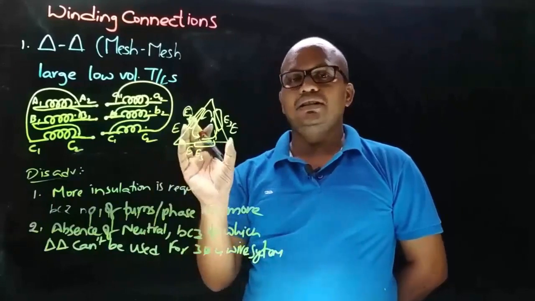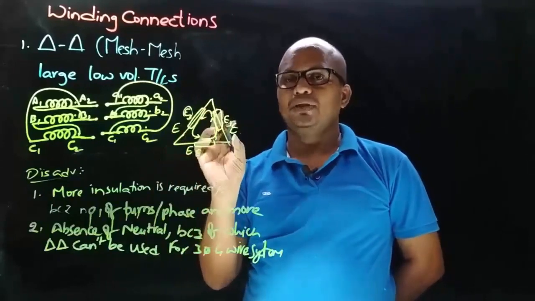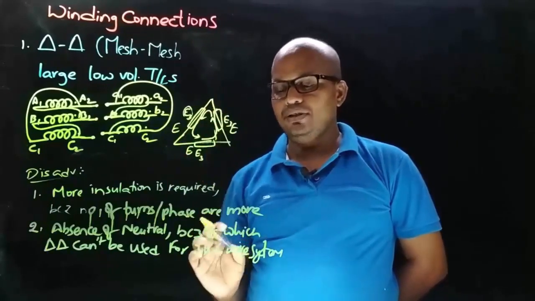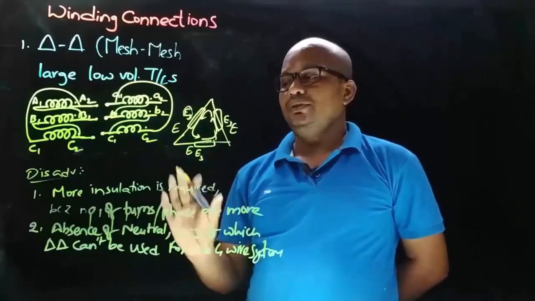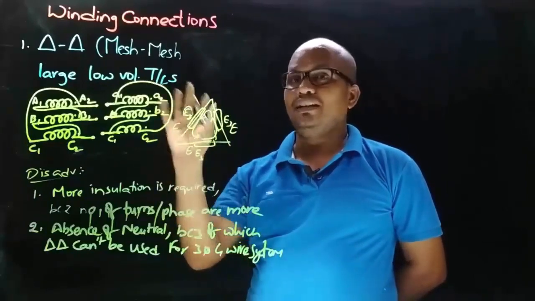As delta is not having any neutral connection, delta connection can't be used for a 3-phase 4-wire system. So these are the advantages and disadvantages of delta delta connection.